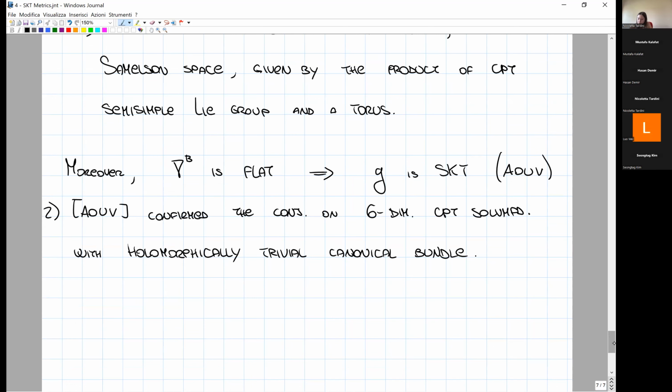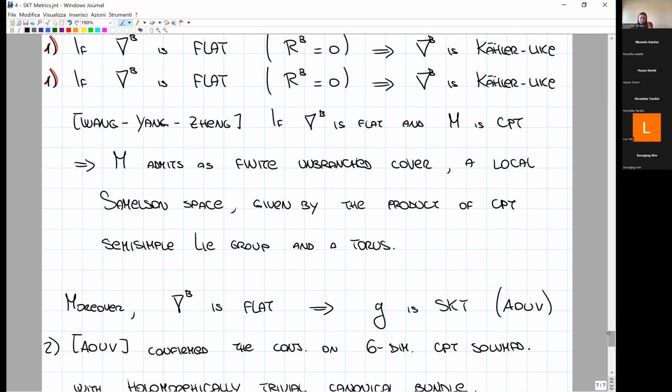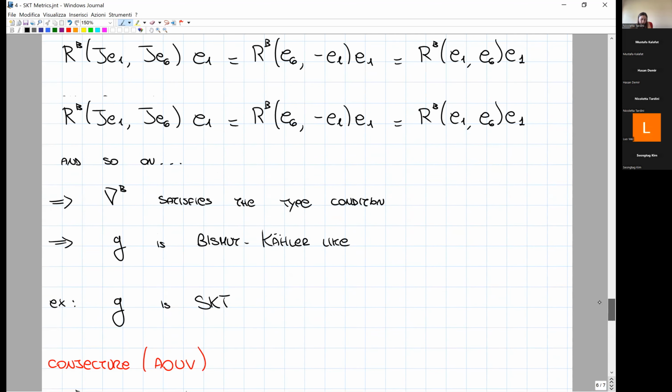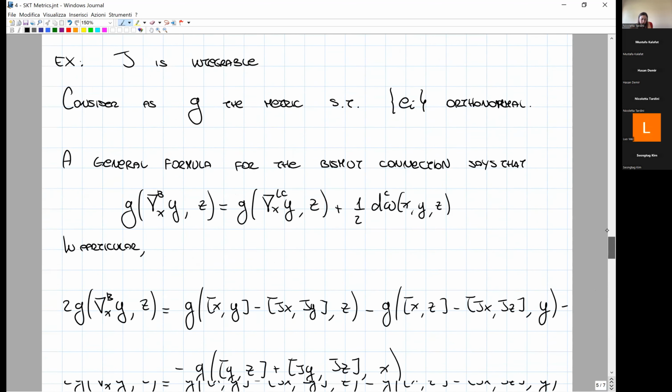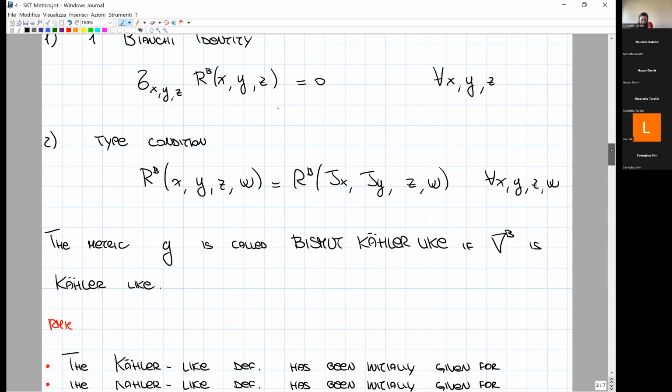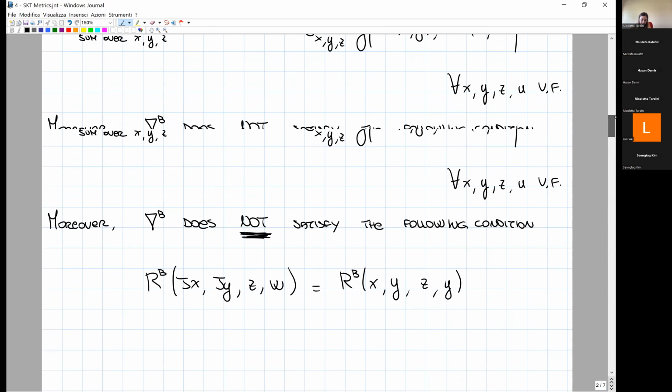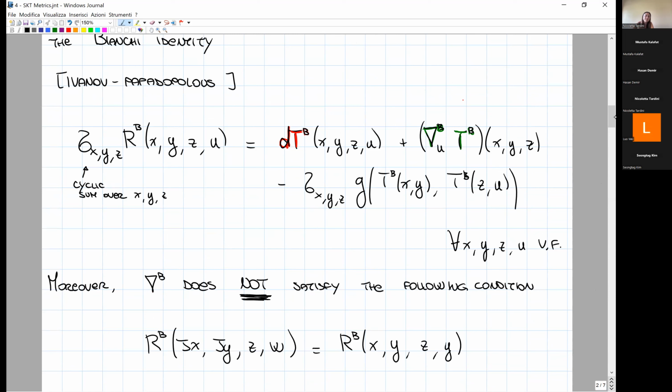So with Arnaldo Fino, we tried to study the relations that we have between SKT metrics and the first Bianchi identity, right? Because, let me show you again this formula.